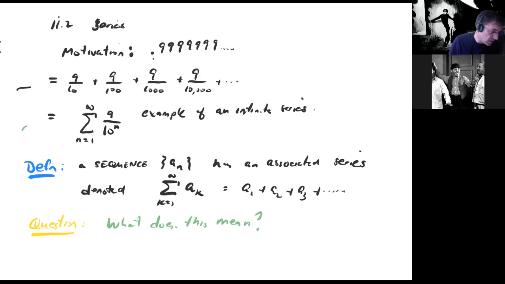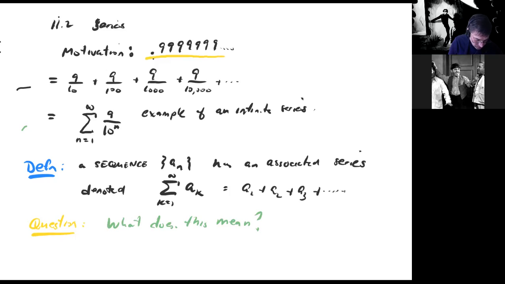Sometimes this makes sense. For example, in my motivating question, 0.999999, etc., makes sense as a real number, and we've rewritten that as an infinite series. But in other cases, it doesn't always make sense.